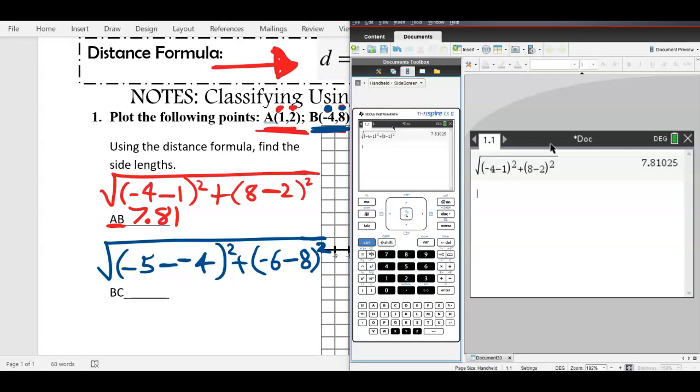Remember, squared is control x squared for the square root sign, I should say. And then we're going to hit that open parentheses, negative sign 5, minus sign, negative sign 4, parentheses squared, plus, parentheses, negative sign 6, minus sign 8, parentheses squared.